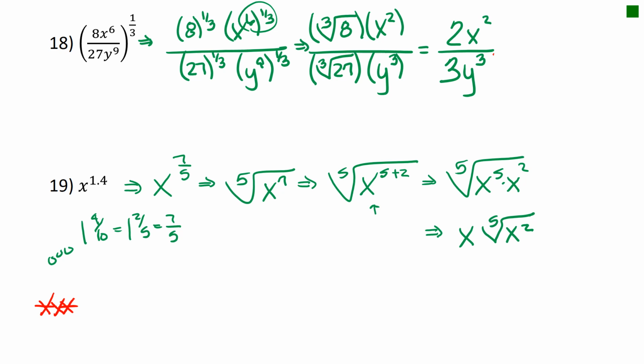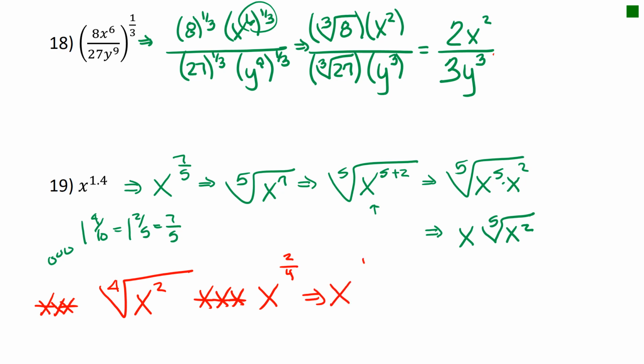Let's just say it came out to the 4th root of x squared. Could you leave it that way? Okay, you cannot leave it that way. Look at all these asterisks. I like those today. You would have to make that x to the 2/4, which is x to the 1/2. So it really reduces to the square root of x.